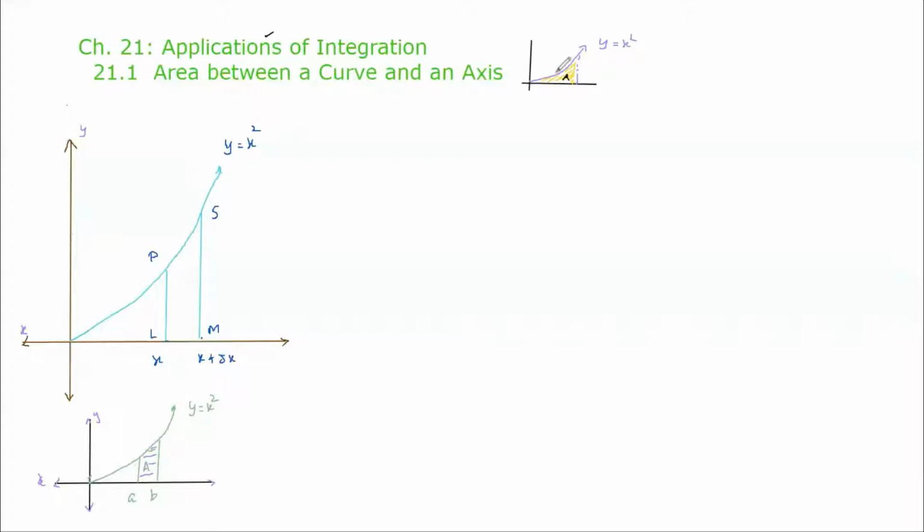For example, like this one, the yellow area here. If you want to find the yellow area, with integration we're going to do it like this. Coming back to the big picture here, we're going to chop it into rectangles.